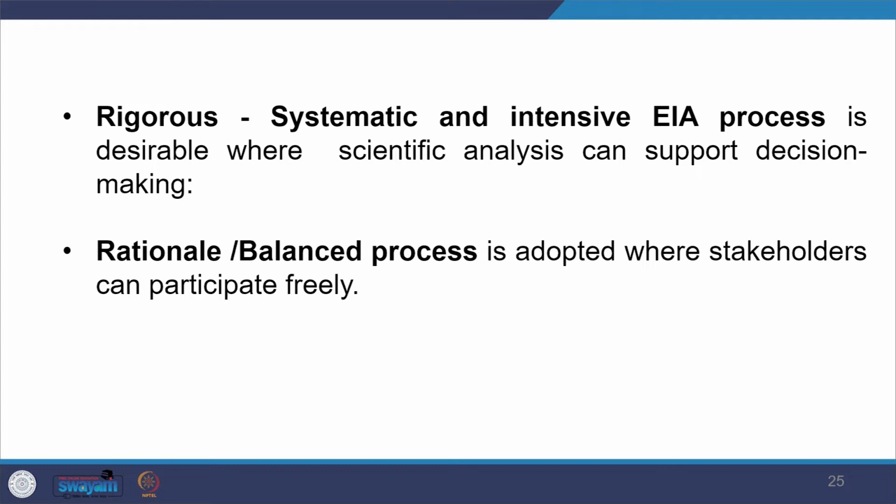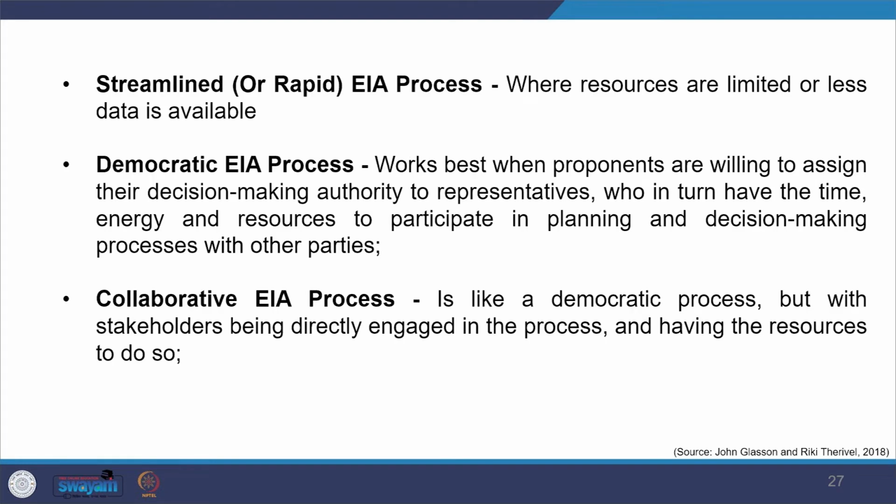Then you can also have a rational, balanced process, where stakeholders are not participating under pressure or influence but in a free manner. Then you can have a streamlined or rapid approach, where resources are limited and less data is available, so you cannot undertake a scientific approach and have a rapid or streamlined assessment.